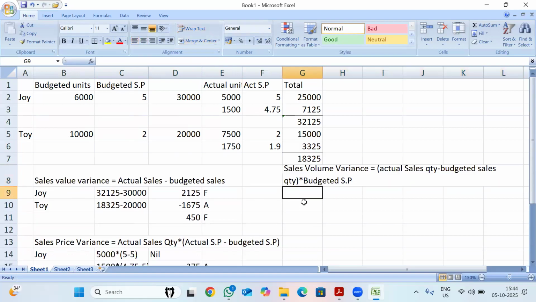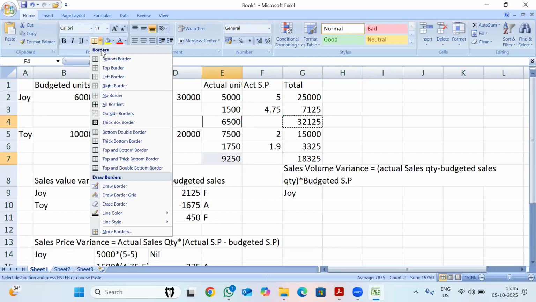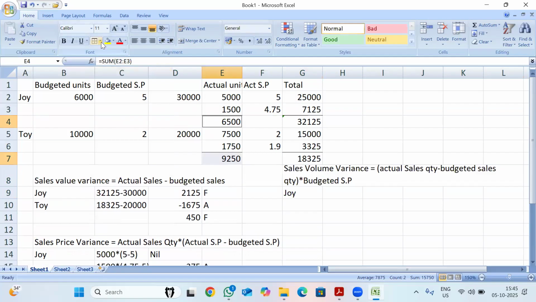So for Joy, what is the actual sales quantity? That is 6,500 units, right? And for Toy it is 9,250 units.